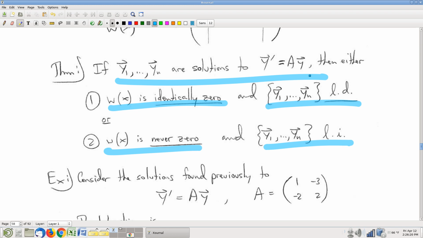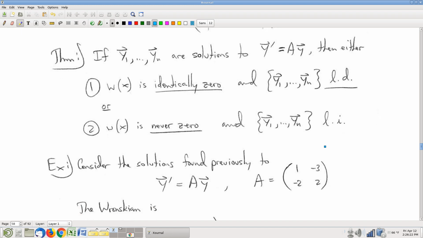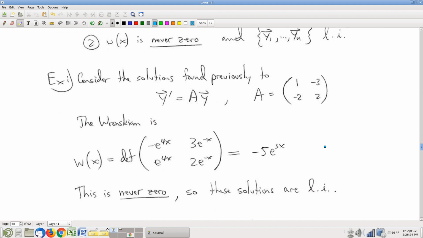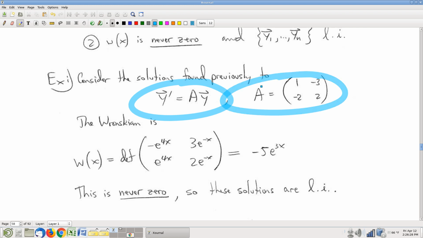Easy example. Remember, we were looking at this differential equation previously. We wrote down a couple of solutions. Now, the solutions, I already know they're independent. It's easy to look at these two vectors and see that they're independent. Don't forget, 2 is a wonderful number. All sorts of good things happen in 2 dimensions. 2 dimensions makes it really easy to decide on independence.